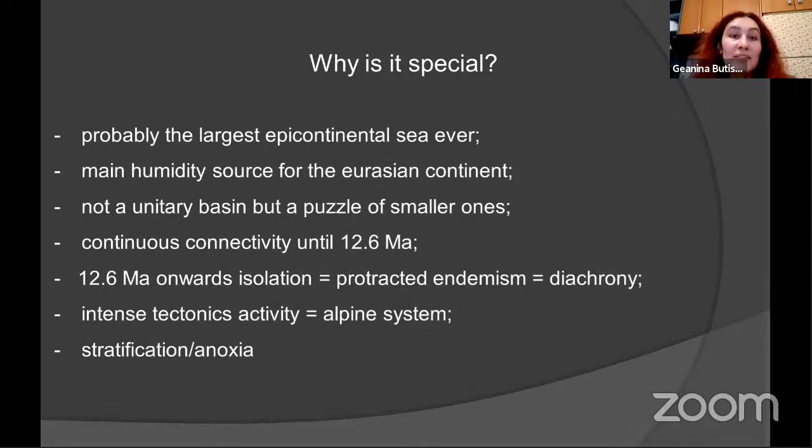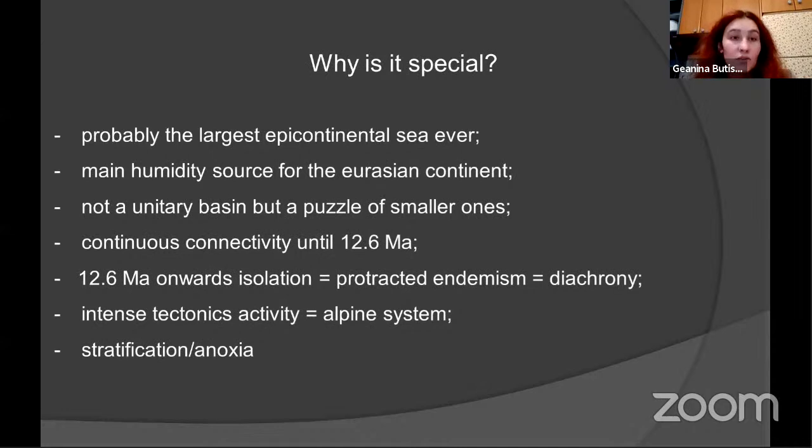First of all, it's probably the largest epicontinental sea that has ever been, and its evolution is connected intimately with the humidity source for the Eurasian continent. So the surface that was occupied by Paratethys, as the water volume, influenced a lot the precipitation patterns and the precipitation volumes over the Eurasian continent.